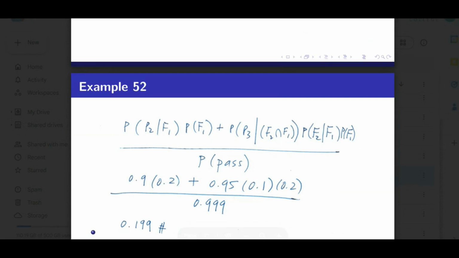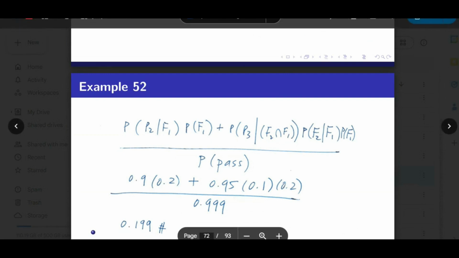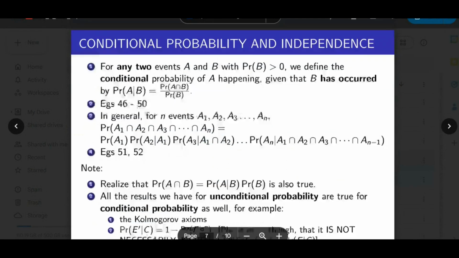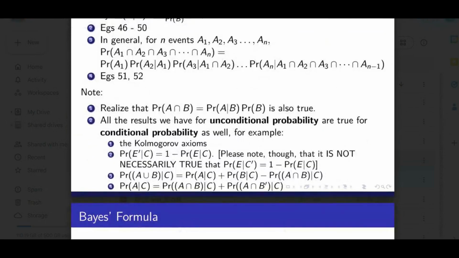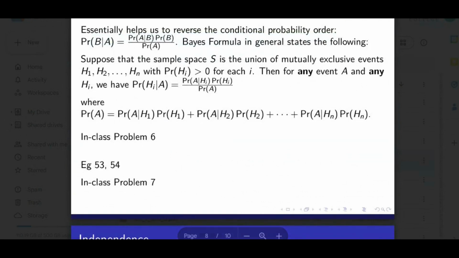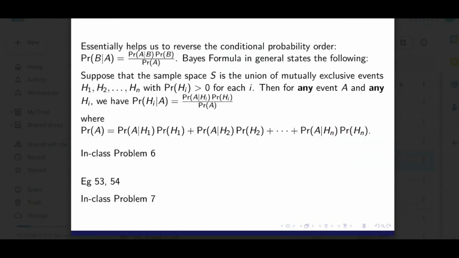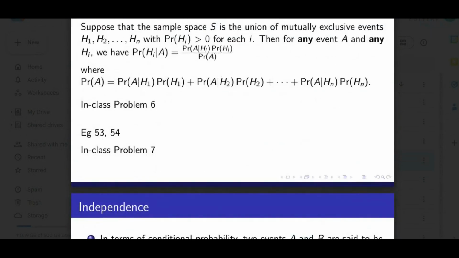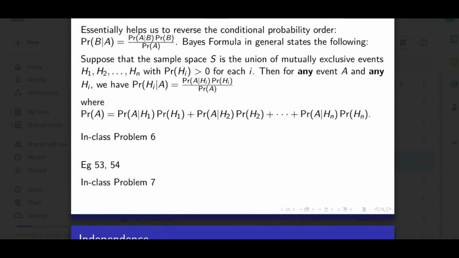So I want to go back to our slides and finish up talking about some of these things. Okay, so we've discussed Bayes' theorem. Let me just highlight what it is.